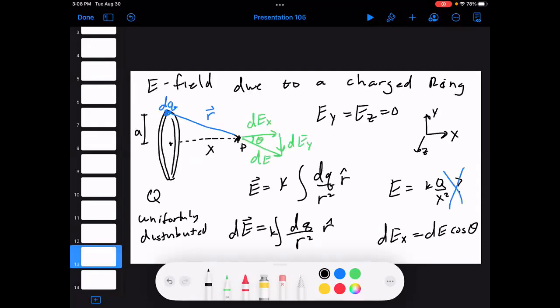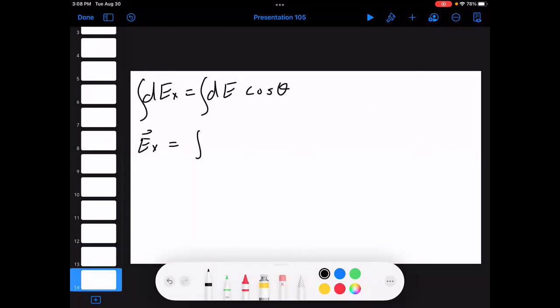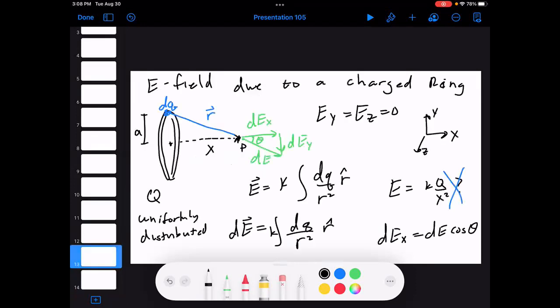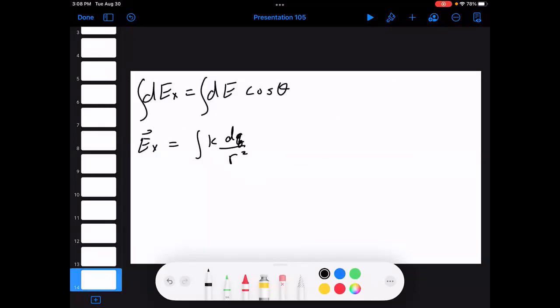Let me go back a page. K dq over R squared. I shouldn't have integrated that. That was bad. Times cosine of theta.